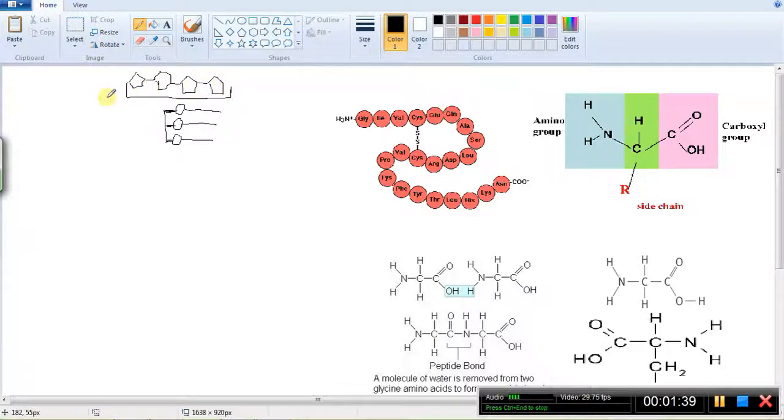And with protein, the building block of protein is amino acids. So amino acids are the building blocks of proteins.